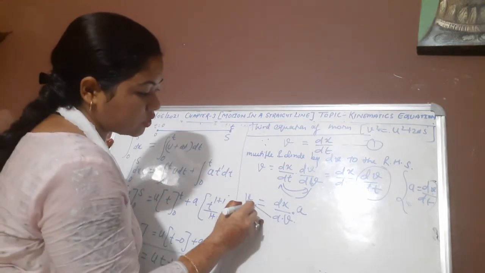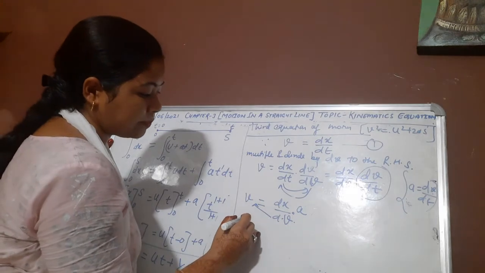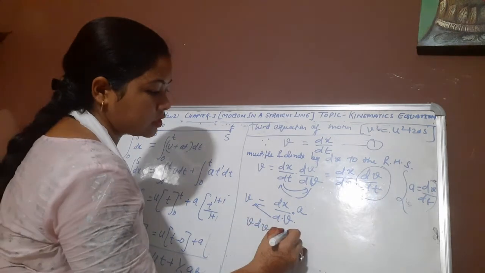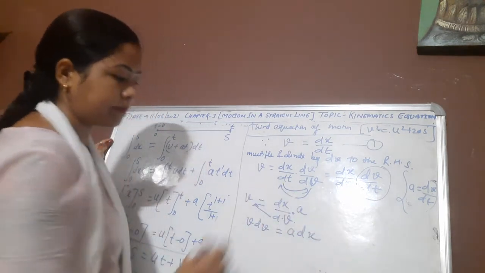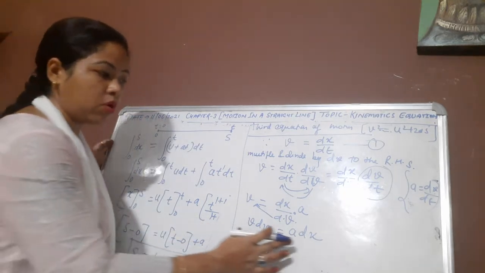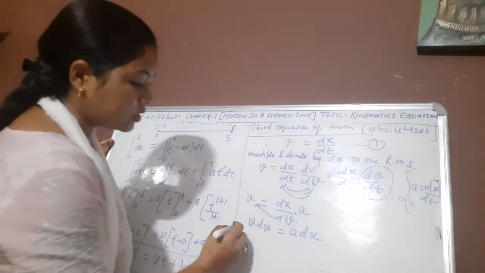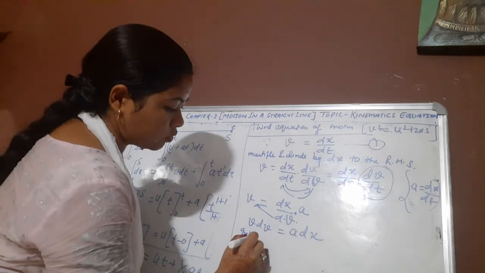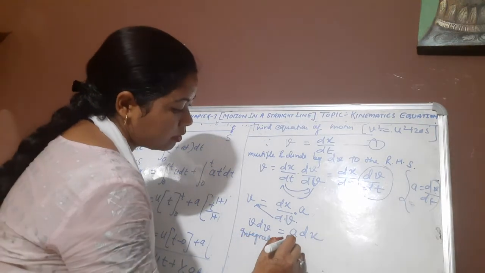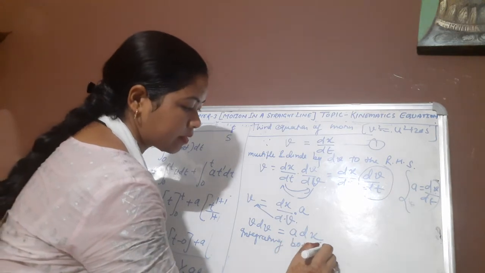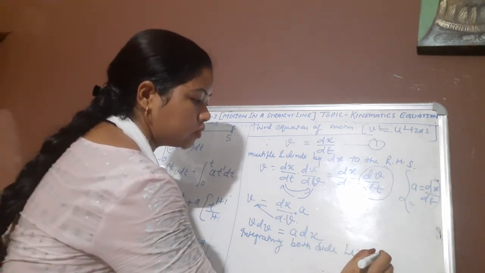Now you cross multiply this dv to the other side: v dv equals a dx. Now these are very small values of the displacement and the velocity. Now we will integrate both sides with respect to the limits.